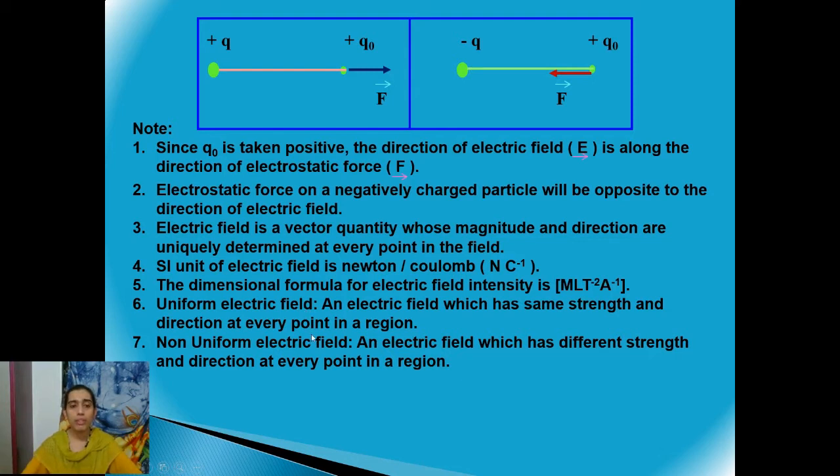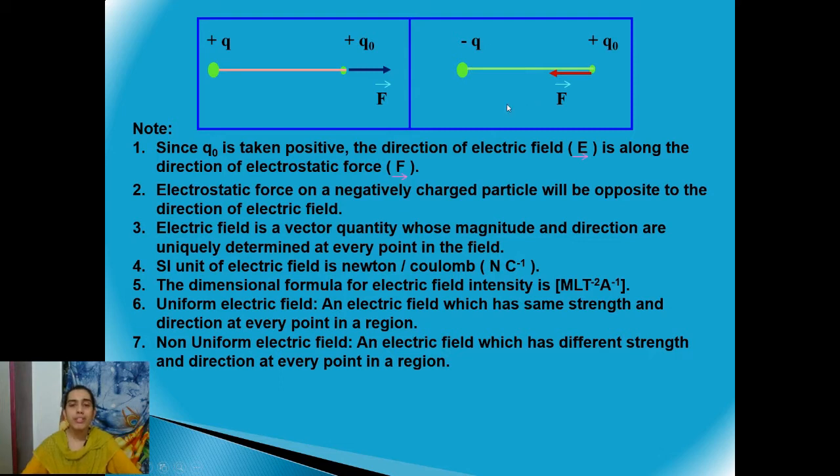One more important term is uniform electric field. Now when do we say an electric field is a uniform electric field? Suppose in an electric field there are many different points. At any point, if the strength of the electric field and the direction of the electric field remain the same at every point, then we call such a field a uniform electric field.